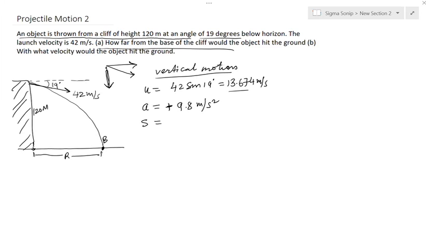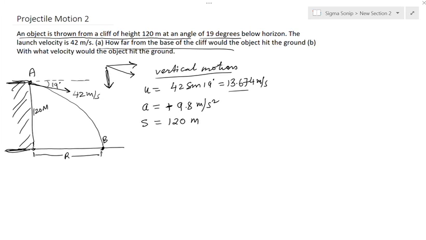So how much is the vertical displacement between the launch and the landing? It is launched from here and lands at point B. So from point A to point B, my displacement is 120 meters downward, again vertically downward, so I will take that as positive as well.